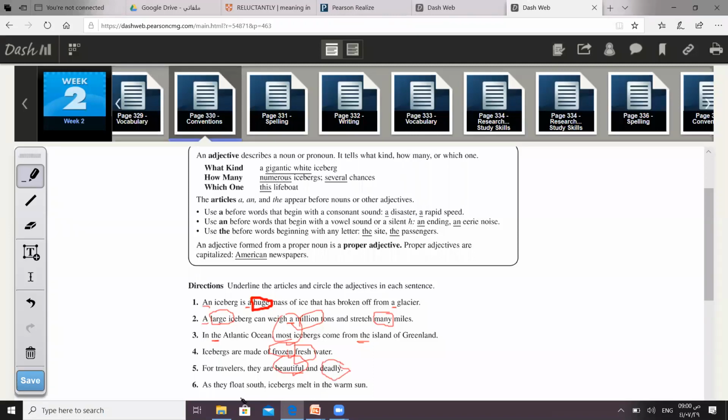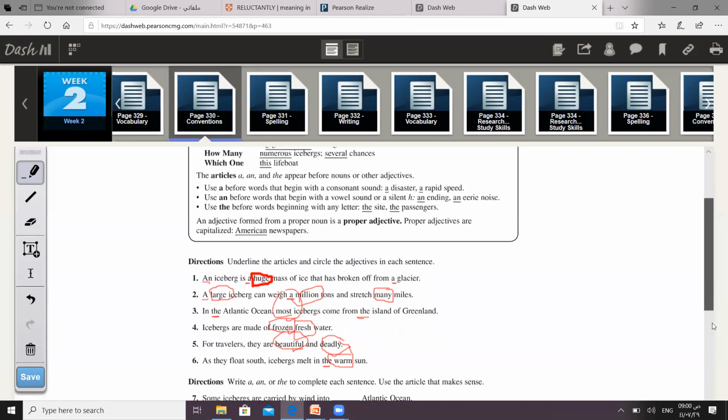Now, as they float south, icebergs melt in the warm sun. The article is the. No, float is a verb.